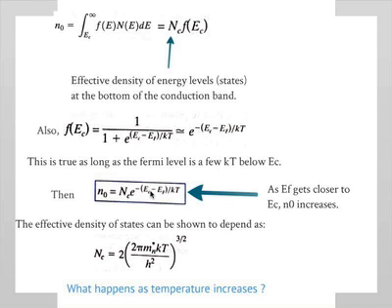So remember, we have to think about two things. EC minus EF is positive, so the negative sign means the exponent is negative. As T increases, this term, e raised to minus this thing, decreases, so this whole thing increases. Make sure you can follow that kind of line.